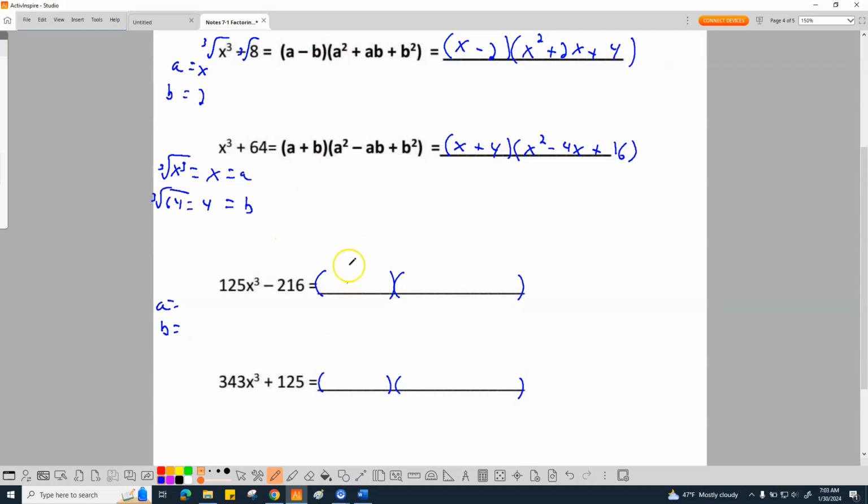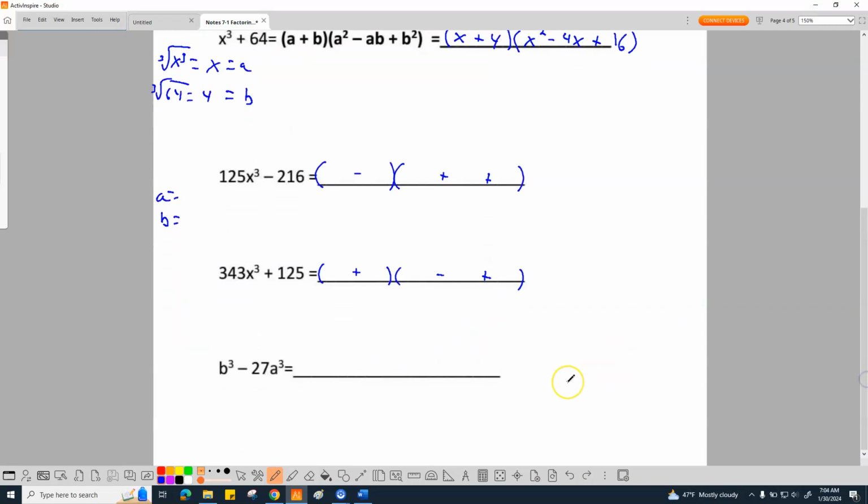The minus is minus plus plus. The plus is plus minus plus. See how I did that? There's one more example, and let's put this into our skeleton as well too.